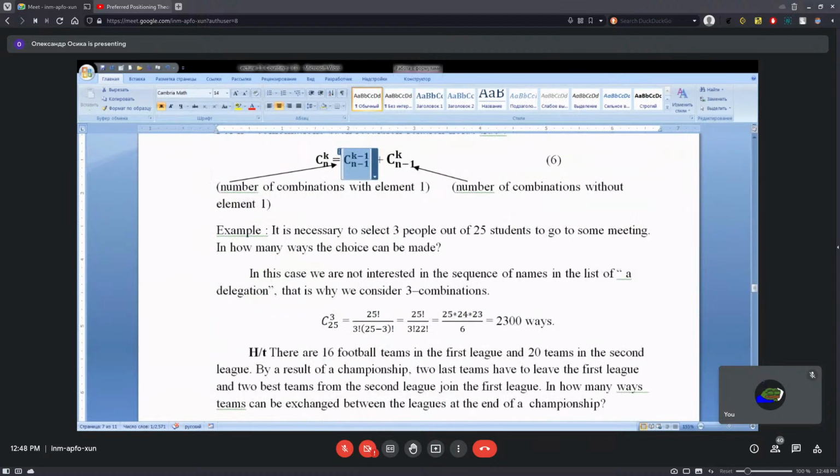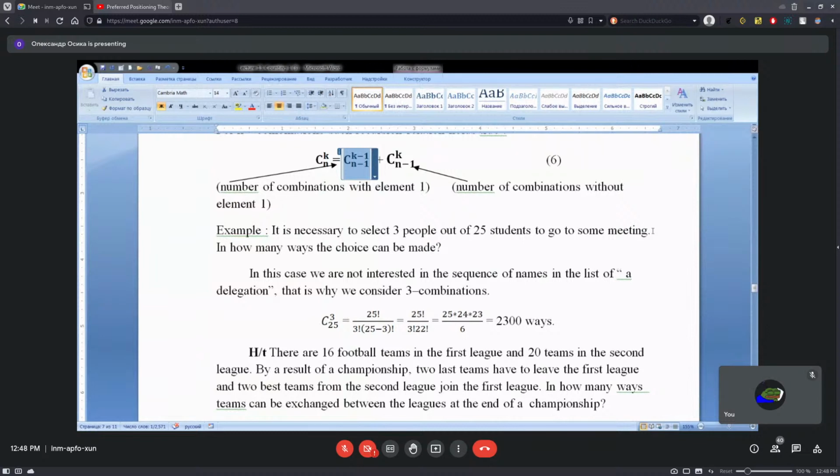Example. It is necessary to select 3 people out of 25 to go to some meeting. In how many ways can this be done? And by the way, here there is no leader, no deputy leader, just you 3.